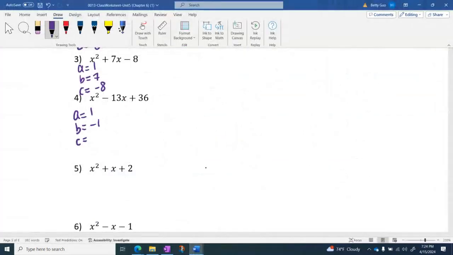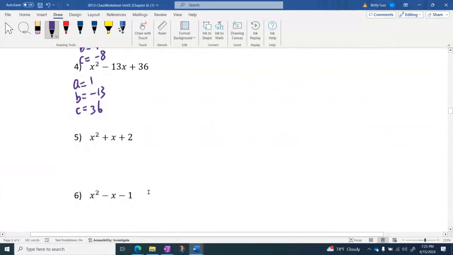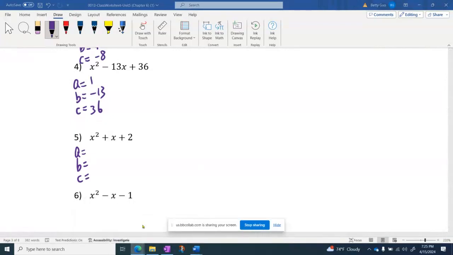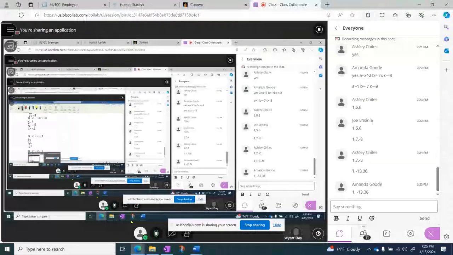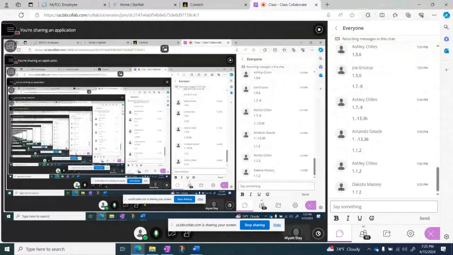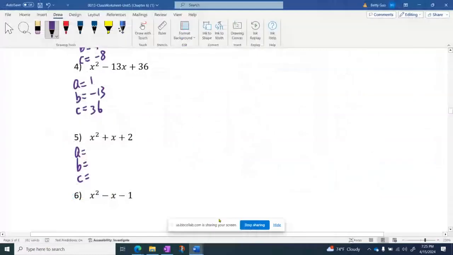Perfect. Number 5, x squared plus x plus 2. 1, 1, 2. Awesome. Very good.